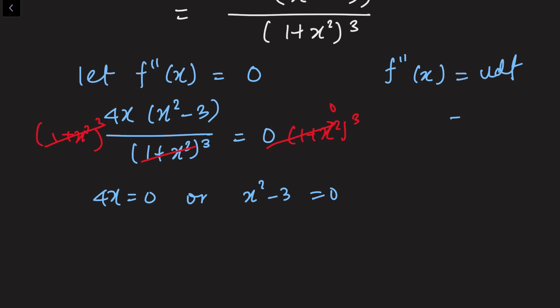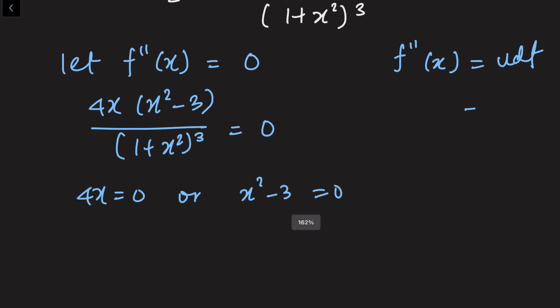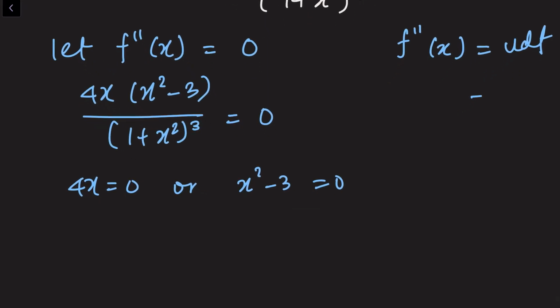Just to show you what we are doing here. And this one is the principle of zero products. It means if we have two factors multiplied together that give you 0, either one of them is 0 or both of them are 0. So obviously x equals 0 and x equals plus minus square root of 3.